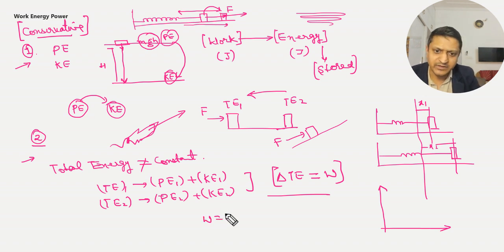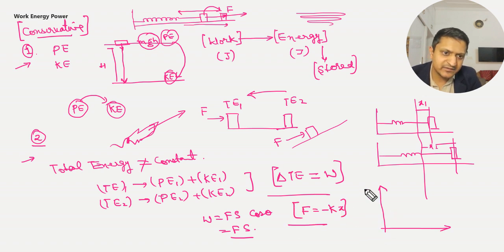So work will be F s cos theta, where theta is 0, so work will be F s, and the force here will be minus kx from Hooke's law.